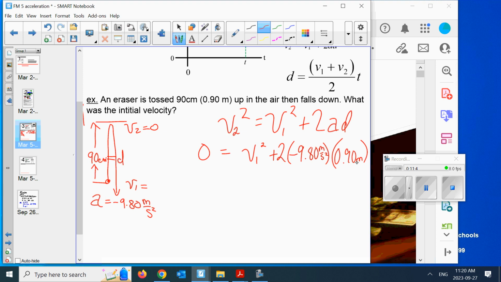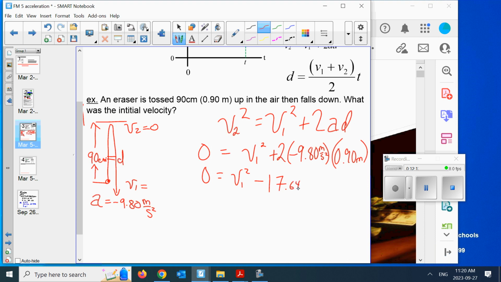Negative 2 times negative 1.8 times 1. I'll get a number for it. I'm going to put the 6, 4 really small. They're not significant digits, but I'm not going to concentrate on 6 digits. Now, unit-wise, we've got meters per second squared times meters.